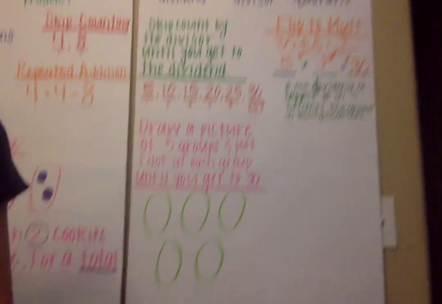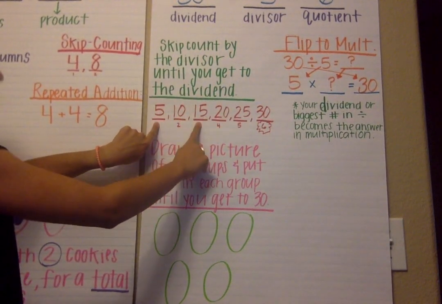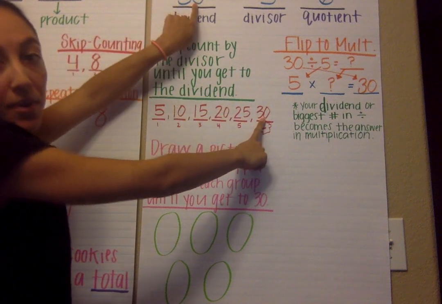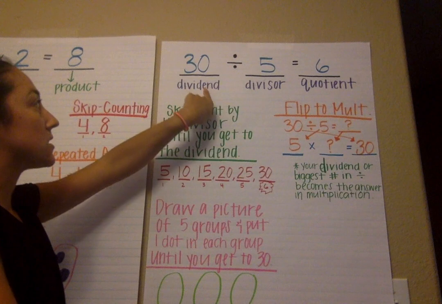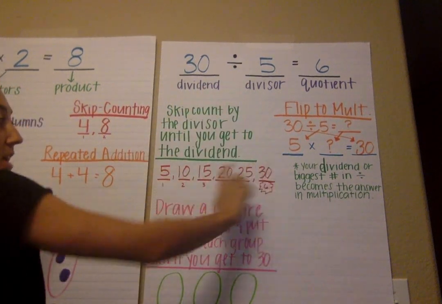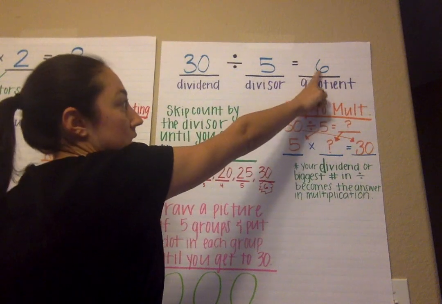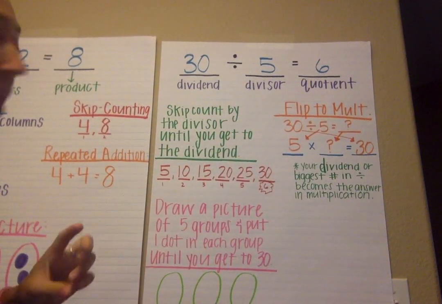So for example, I skip count by 5, 10, 15, 20, 25, 30, and I stop at 30 because that is our dividend. When I write it down, I skip counted 6 times, which means my answer or my quotient to the division problem is going to be 6.